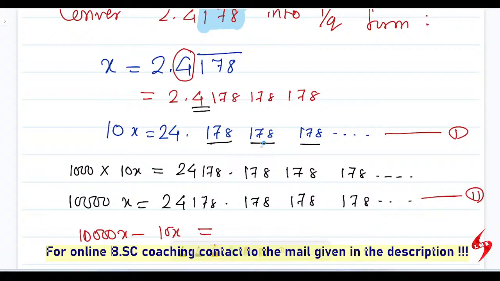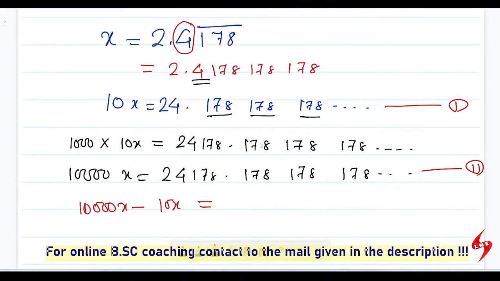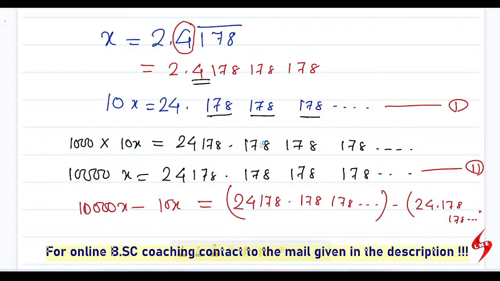So that will be 24178.178, 178 and so on, minus 24.178, 178 and so on.